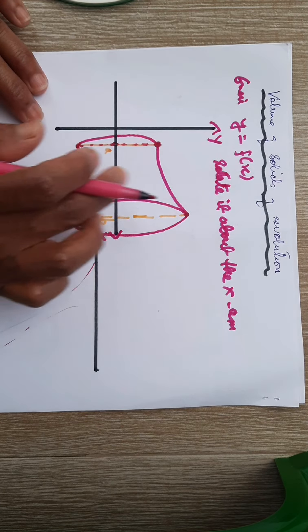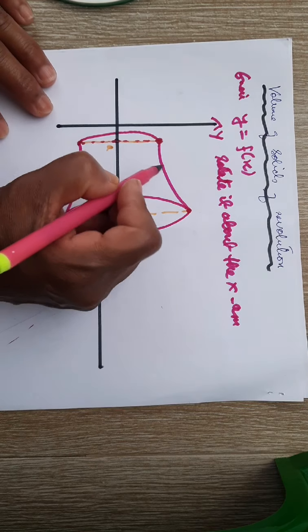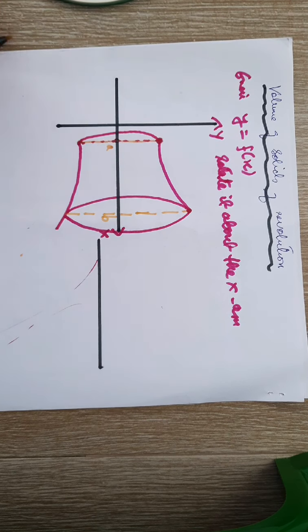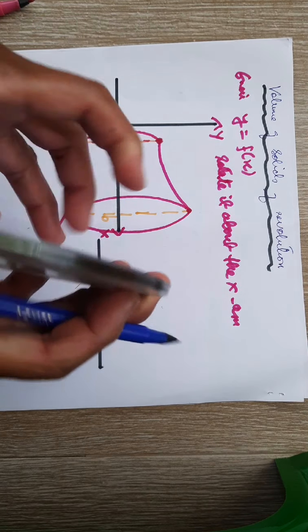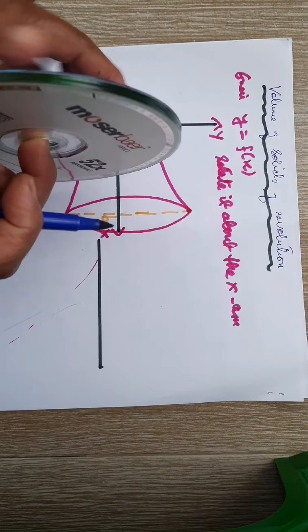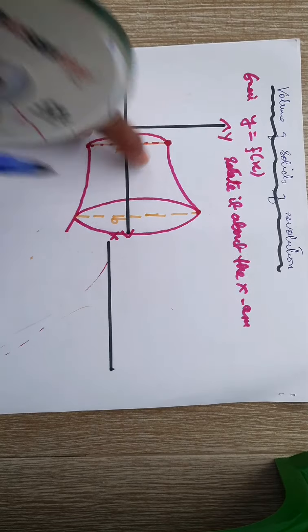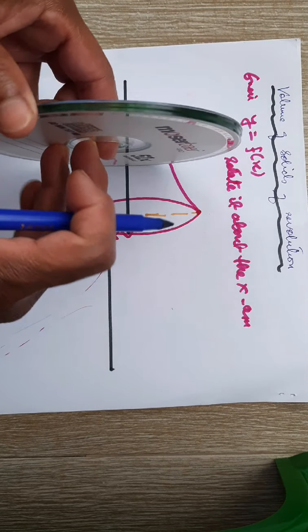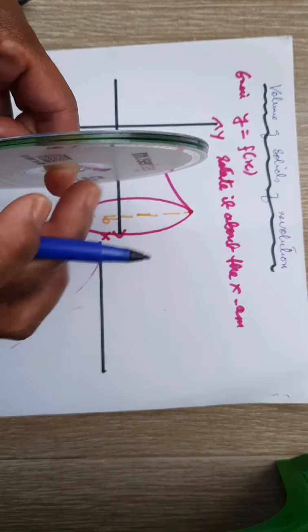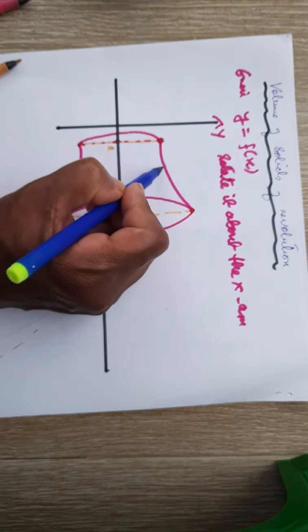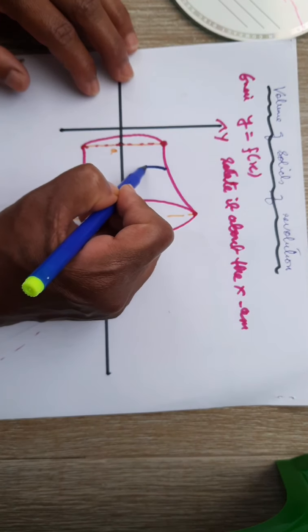Now how to evaluate the volume of this one? For this, what you need to do is cut this solid into a figure in the form of a disc, and you'll get a figure like this one.